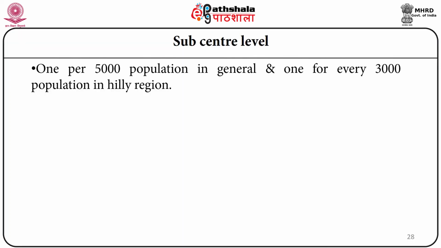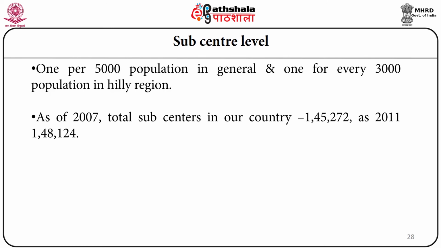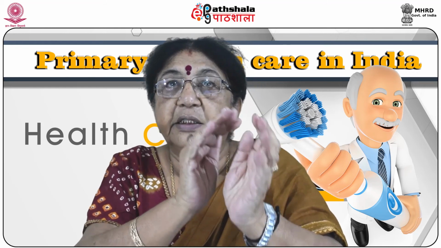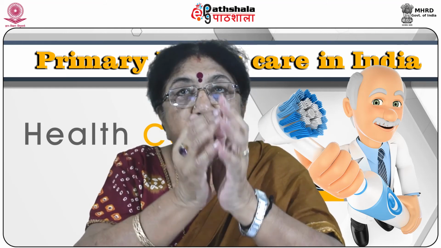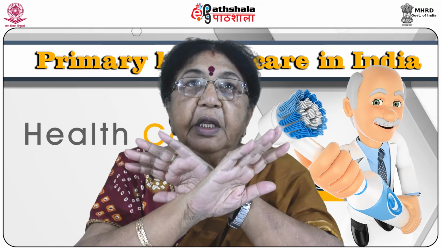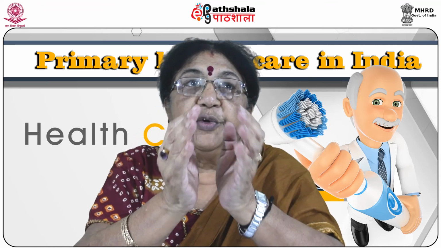At the sub-center level, there is one for every 5,000 population in general, and one for every 3,000 population in the hilly regions. In the hilly regions, because of the unavailability and inaccessibility, the 5,000 population norm is lowered to a smaller population of 3,000, so that coverage would be universal.